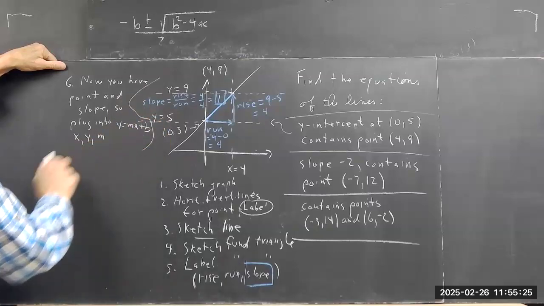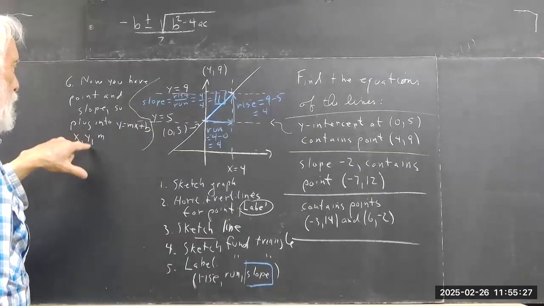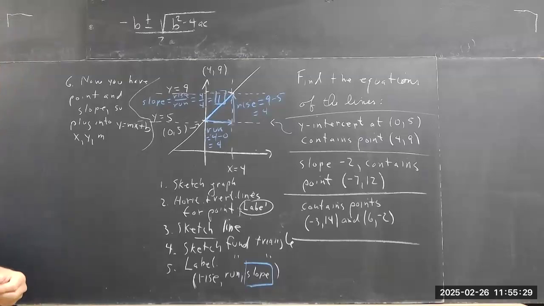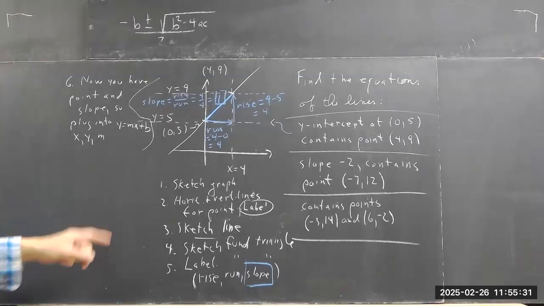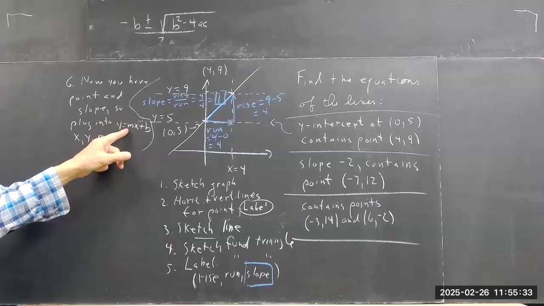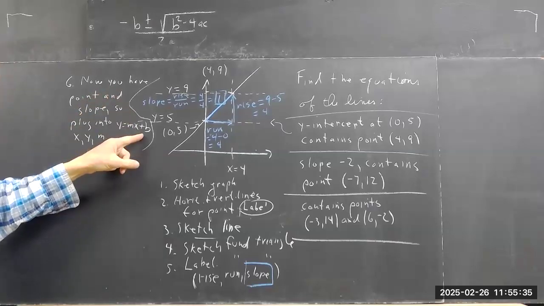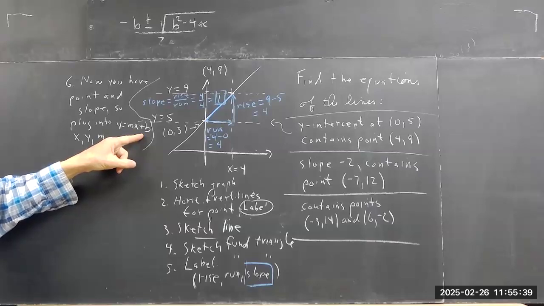So you plug into y equals mx plus b, an x, a y, and an m. If you plug in an x, a y, and an m, the only thing that you don't know is b, and you have a very simple equation that you can solve for b.